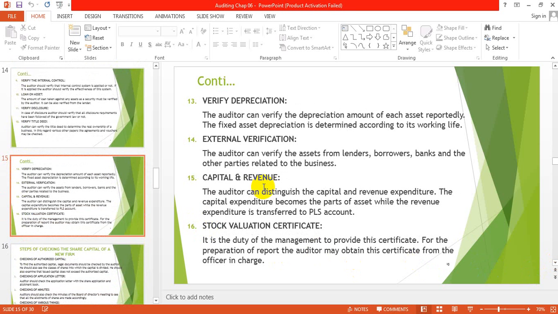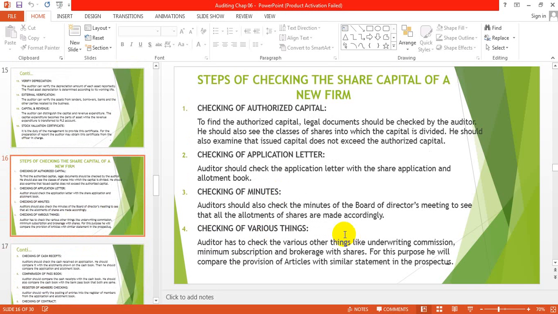After that, verifying depreciation, external verification, capital and revenue verification, and stock valuation certificate.